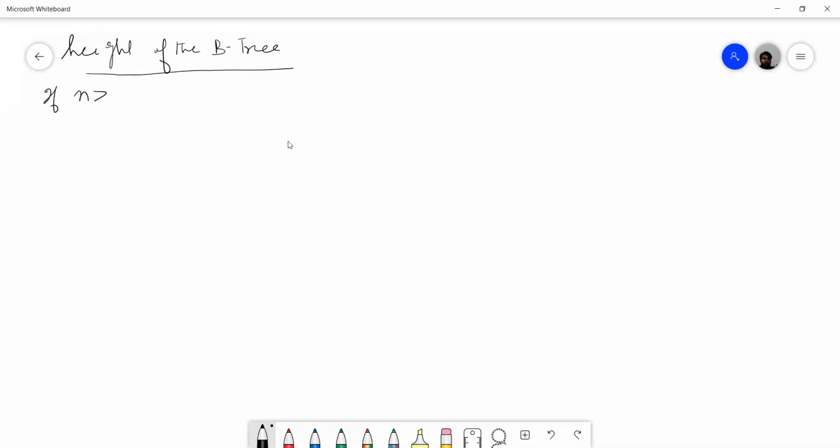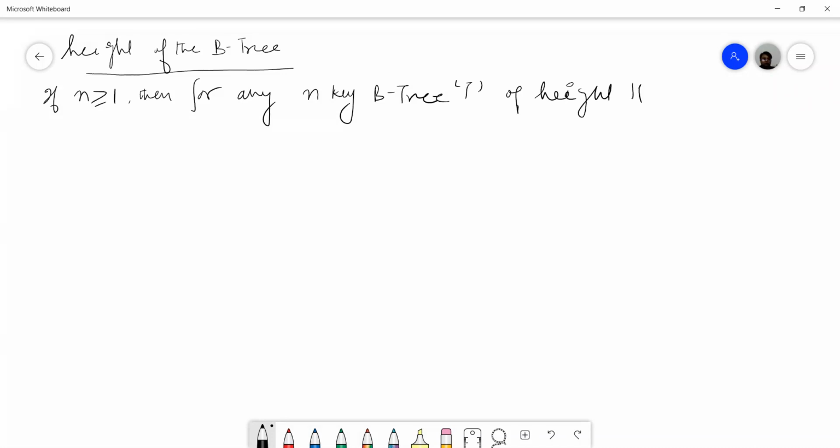If n is greater than or equal to 1, then for any n key B tree, which is represented by T, and its height is h. Okay, and the minimum degree is small t.